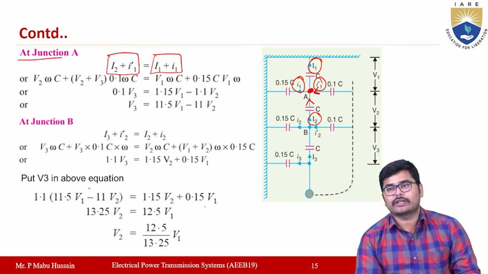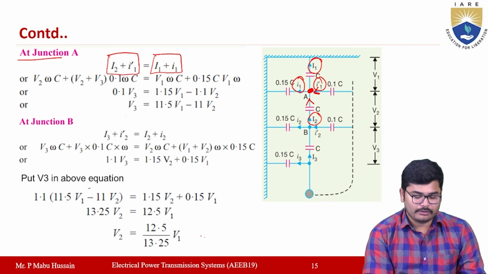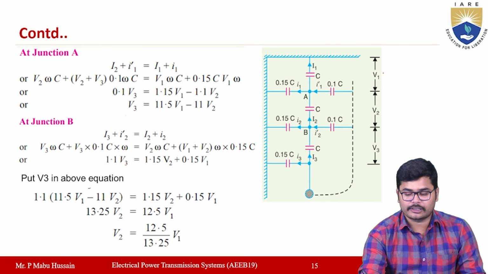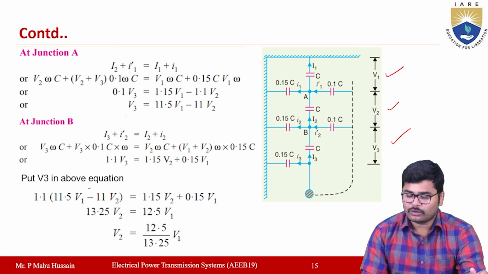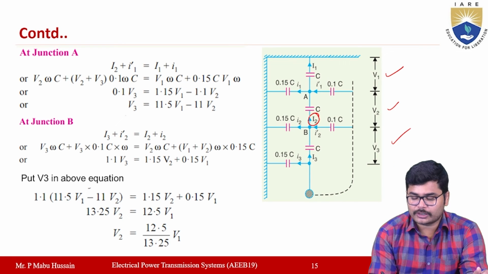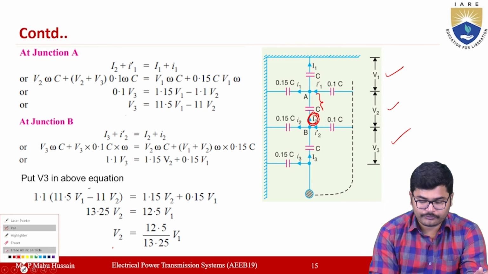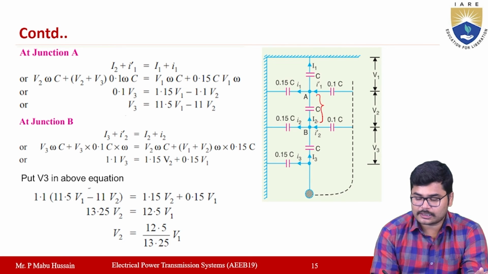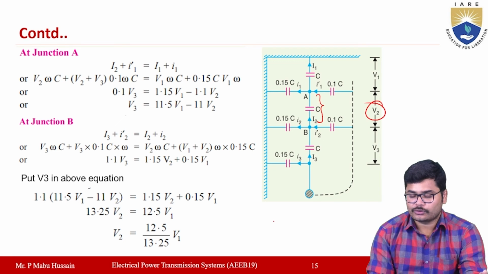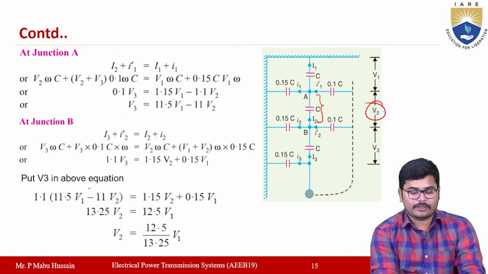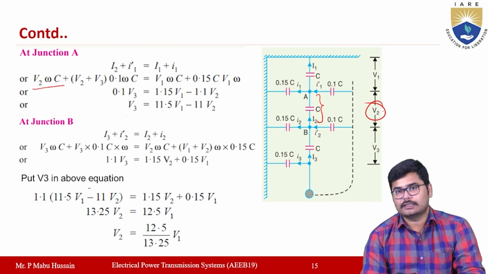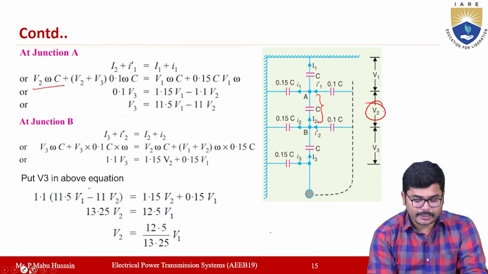Now we have to express these currents in terms of voltages. The voltage across each insulator is V1, V2, V3. I2 is the current flowing through the second insulator, and the voltage across it is V2, so I2 is V2 into omega C. Then what is I1 dash?